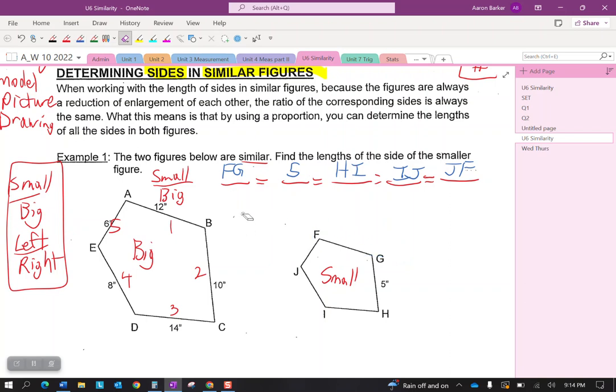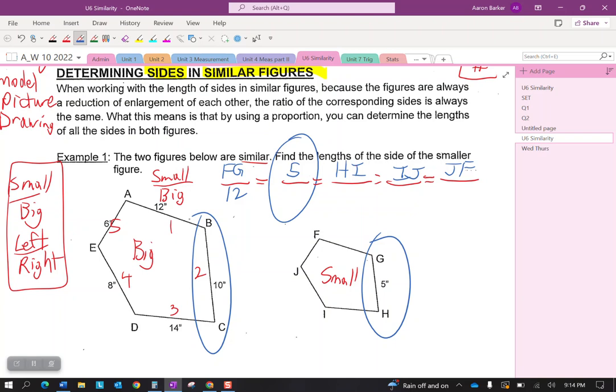Since we don't have the names, we've got to go based off the diagram and what it looks like for the sides that correspond. The sides that correspond here would be 12 because it would be in the same position of the figure as FG. You do have to be careful because sometimes we rotate the images, but usually we give you the names if we do that.